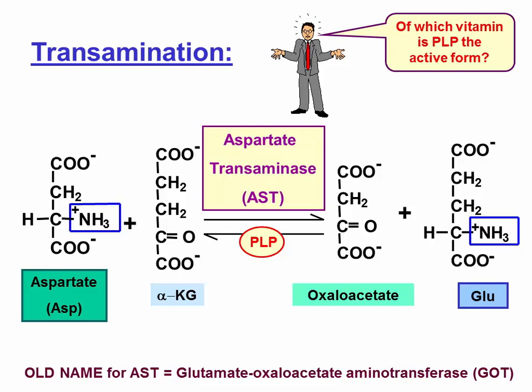So aspartate aminotransferase and alanine aminotransferase. Are there any questions about this? The key points are that transamination reactions are always reversible, and they always require vitamin B6 in the form of pyridoxal phosphate. So you need to know that it's vitamin B6 and what that stands for, pyridoxal phosphate.